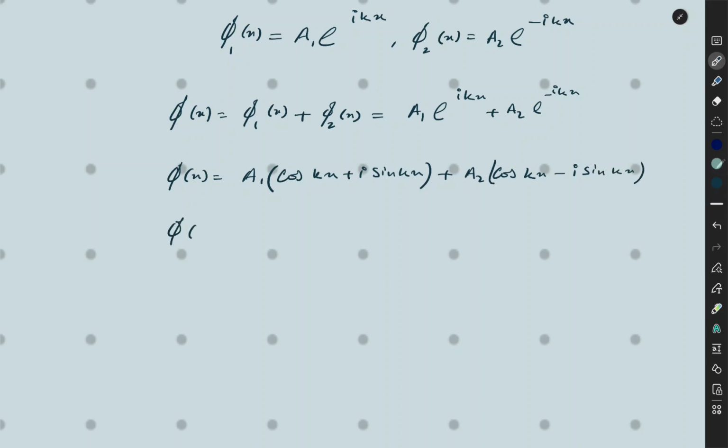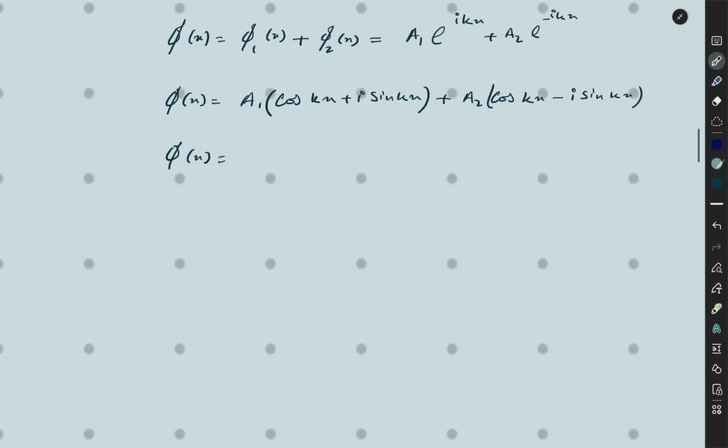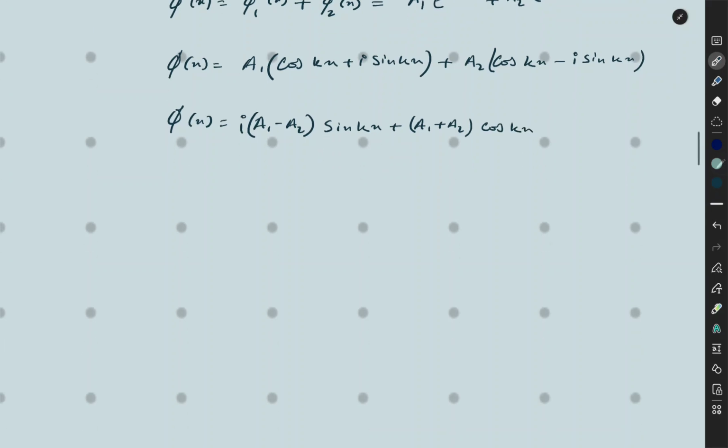If we simplify it further, we will get (A1 minus A2) into iota sin kx plus (A1 plus A2) into cos kx.